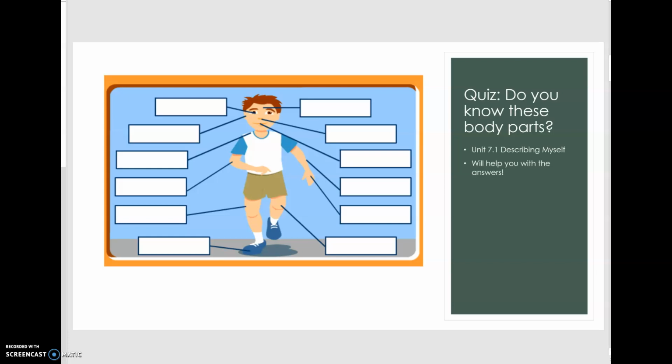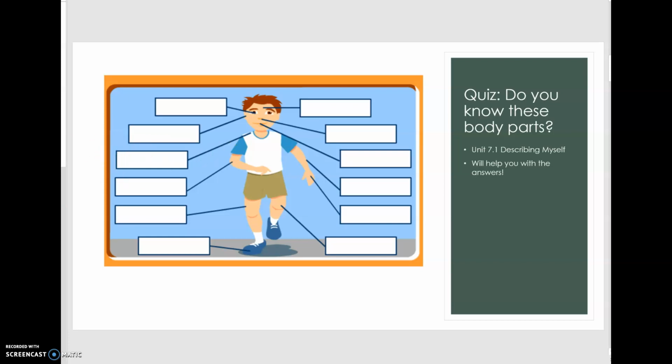See if you can look through and work out which body part is which. And on the next slide, I'll give you the answers and say them for you. So when you do the worksheet, minasan, if you need help, you can look back to this video and find the answers to what you need to put into the worksheet.